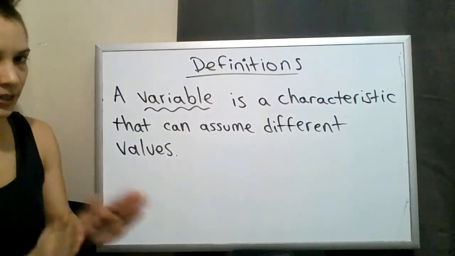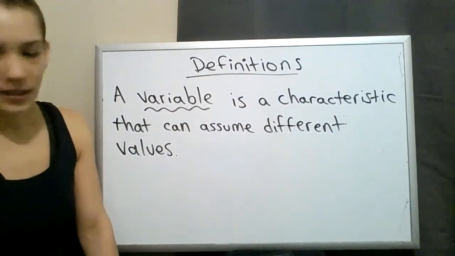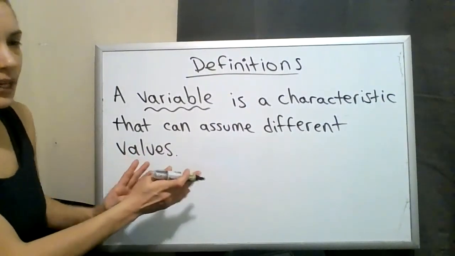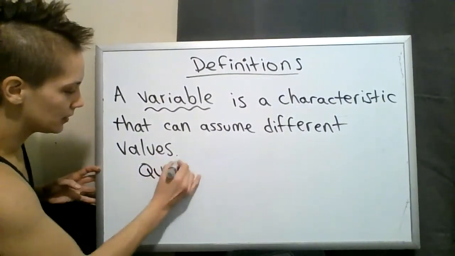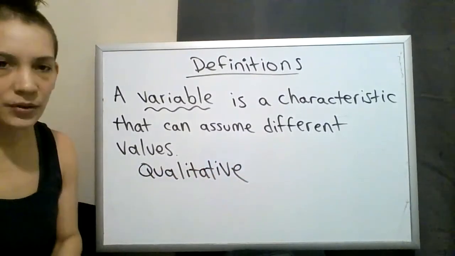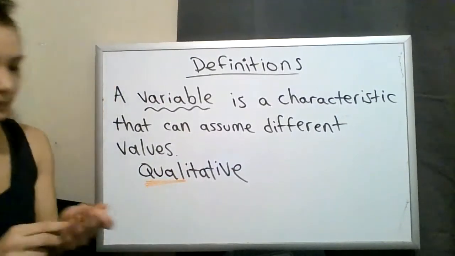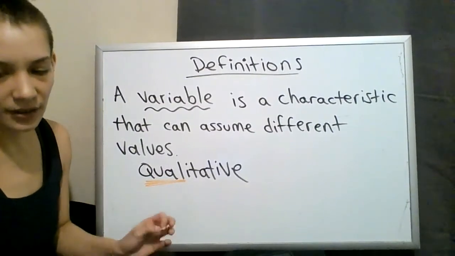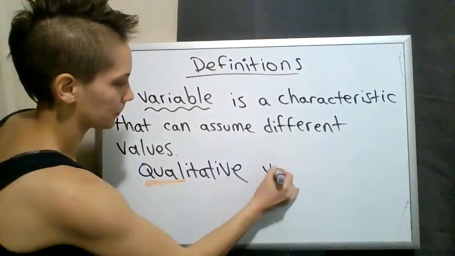And we split them into two types. There's one type that can be measured and another that cannot. So if you can't measure the different values, it's a quality and it's a qualitative variable. Qualitative for quality. So they're variables that have values that are not measurements.